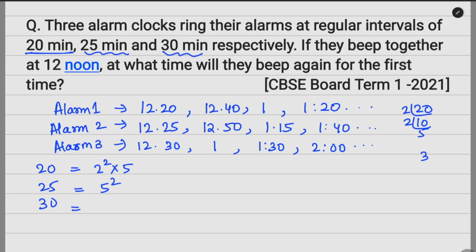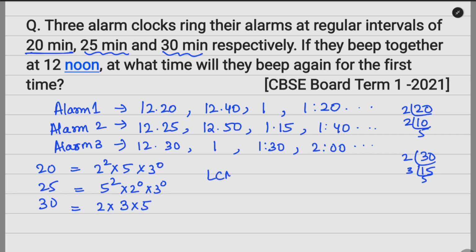And for 30, it's nothing but 2 into 3 into 5. I'm going to put 2 to the power 0 and 3 to the power 0, so that all the three numbers whom we have done prime factorization have got the common prime numbers.